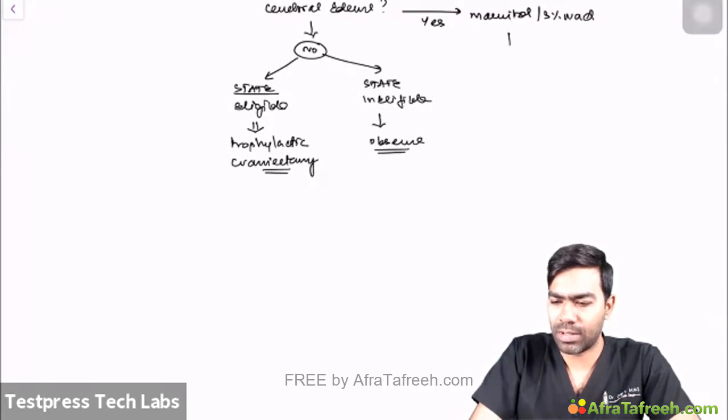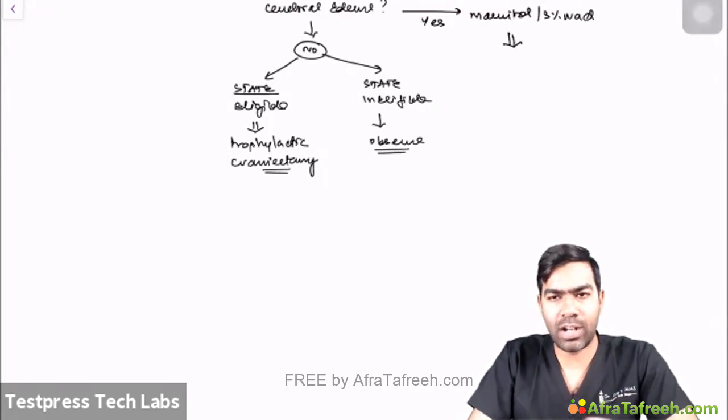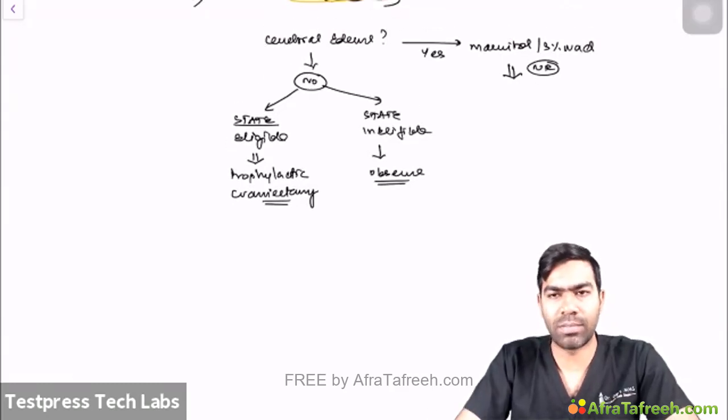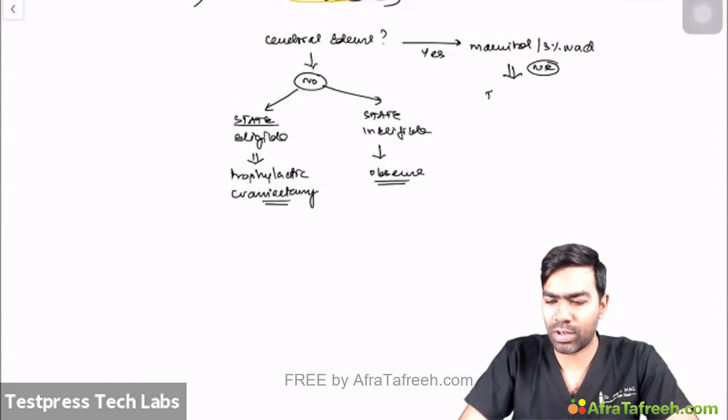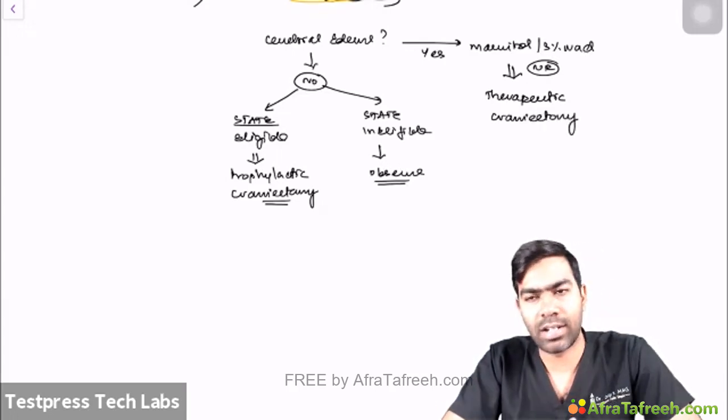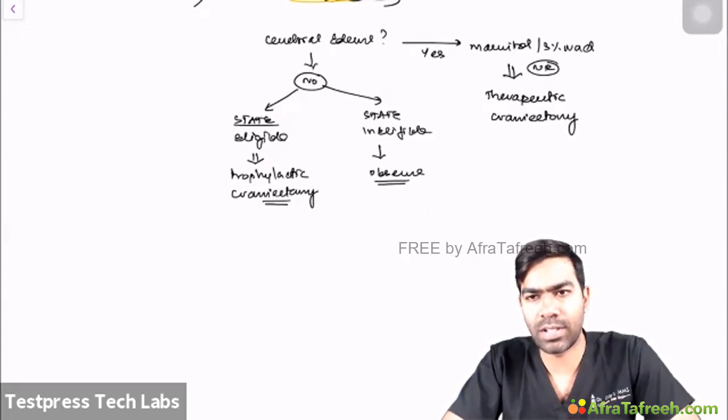That's the next step. Suppose mannitol and 3% NaCl are not responding properly, then you can take for a therapeutic craniectomy. Here there is a high risk of herniation again, because the patient is not responding to mannitol and 3% NaCl.